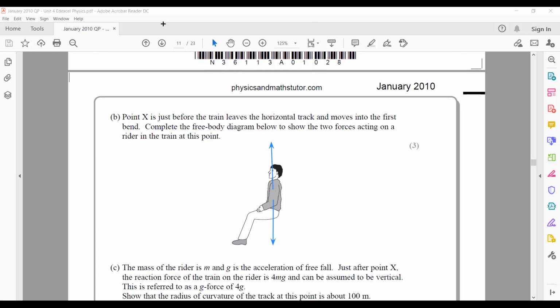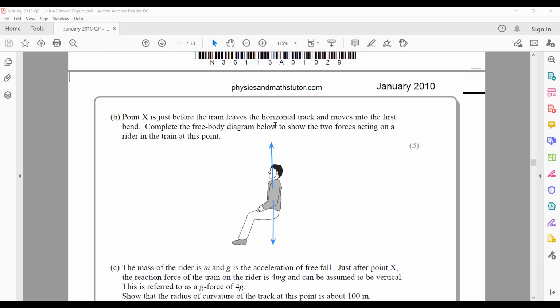And the third mark, the length of the arrows should be equal, because this is just at the start, the moment before it enters the circular track. When it enters the circular track, there will be a resultant force toward the center. But at point X, it is just before it enters the circular track. That's why both forces must be balanced. Is it clear?